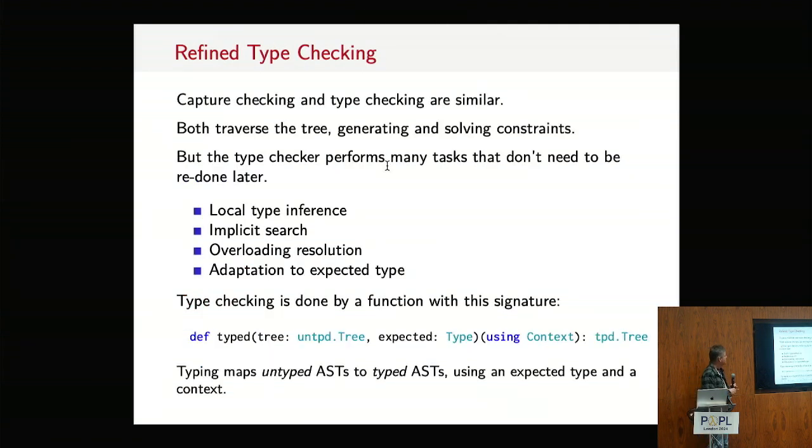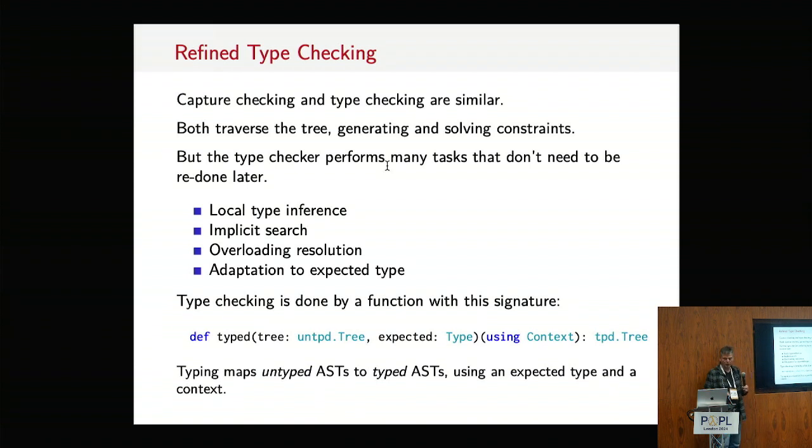Okay, so then what we do is we essentially run another type checker, but the type checkers are slightly different. The first type checker, of course, does a lot of type inference, implicit search, overloading resolution, adaptation to the expected type, and so on. So that's our main typing function. It takes an untyped tree, an expected type, a context, and it returns a typed tree.